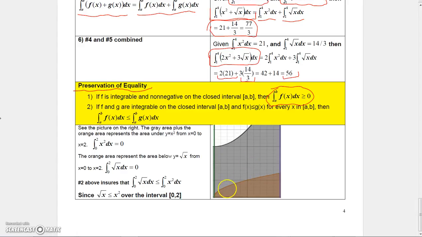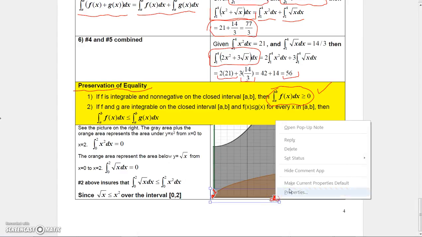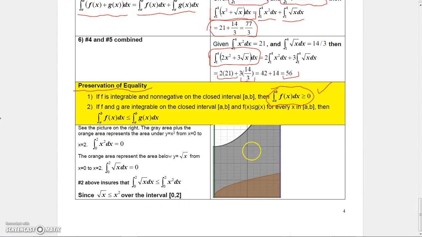So in other words, if you think about it, like right here, if you integrated the square root function from here to here, you can see that the square root function is above the x-axis, so certainly it's non-negative. Well, it makes sense that you're going to get a non-negative number because that integral represents area, and that area is not going to be negative.